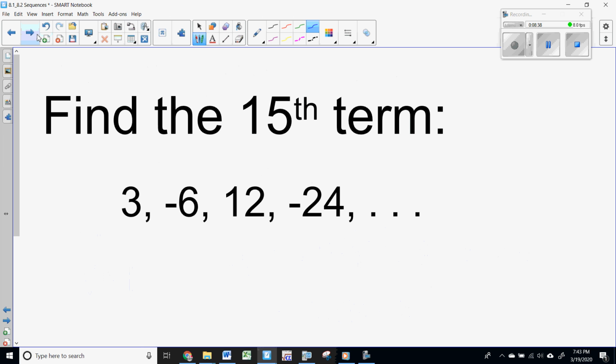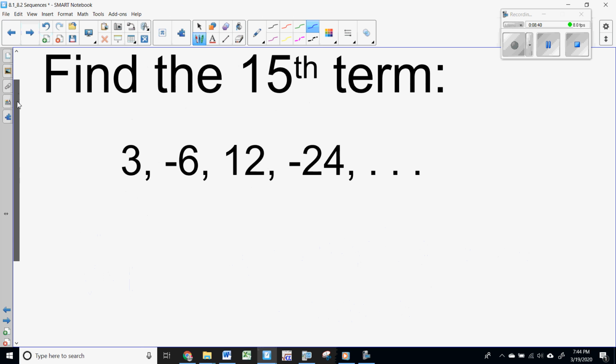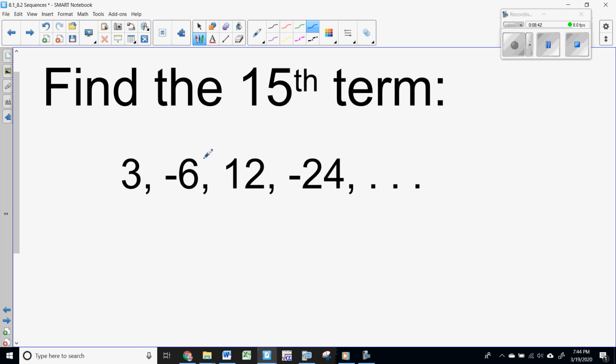Let's try another one. 3, negative 6, 12, negative 24. If you figure out here, we are multiplying by negative 2. So my 15th term is my first term, which is 3, times negative 2 to the 15 minus 1.